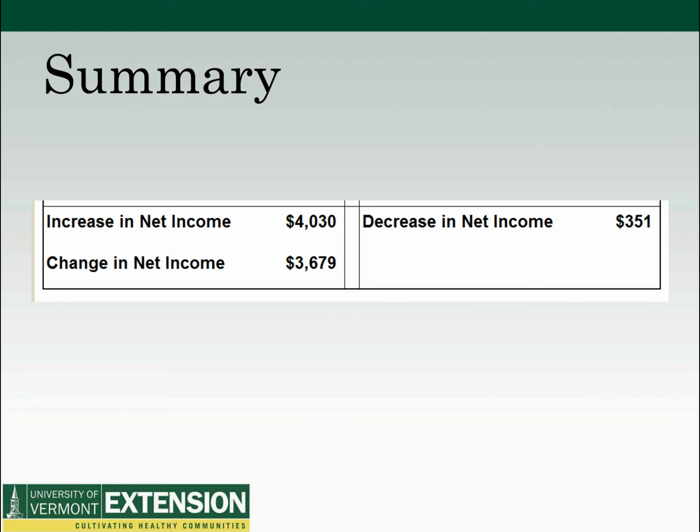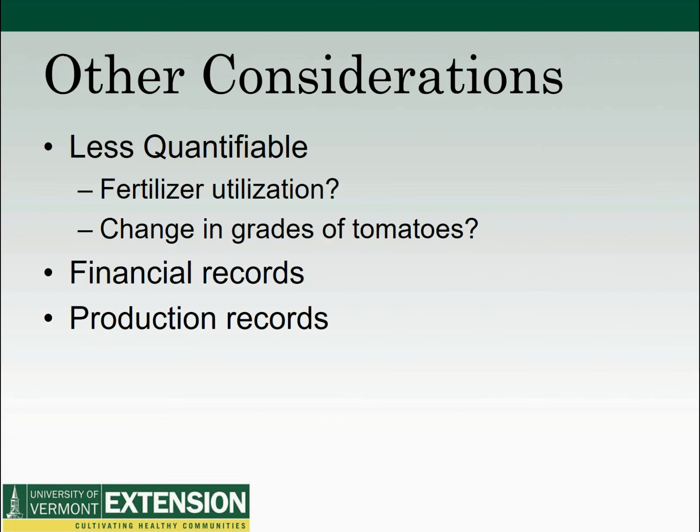But let's wait a minute. Are there any other considerations that we should take into account? Is there anything that's less quantifiable? We felt pretty comfortable in estimating what the yield change would be based upon just better and timely irrigation. But what about fertilizer utilization?